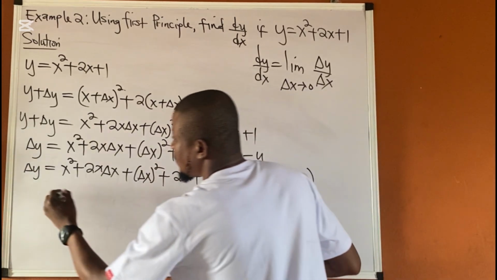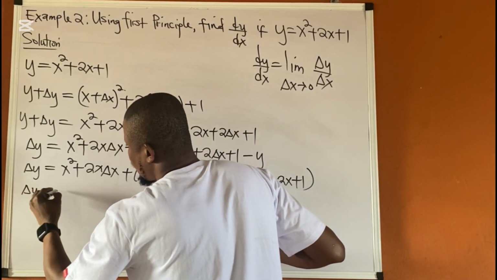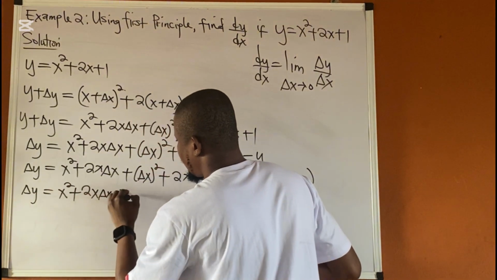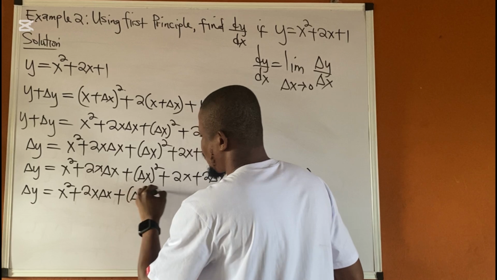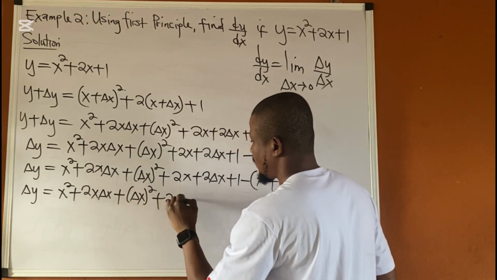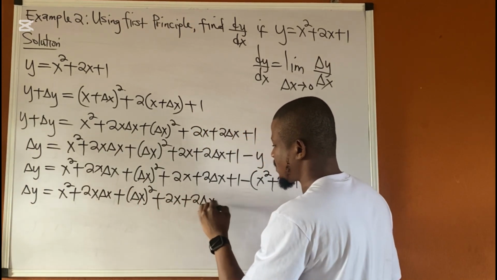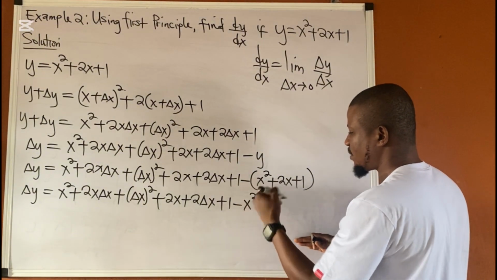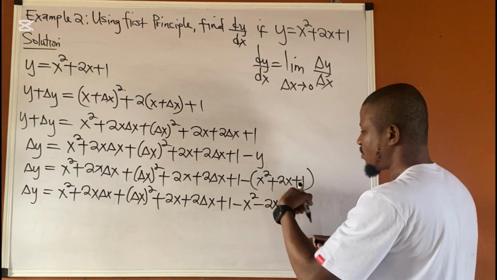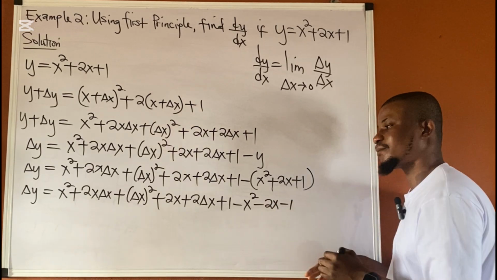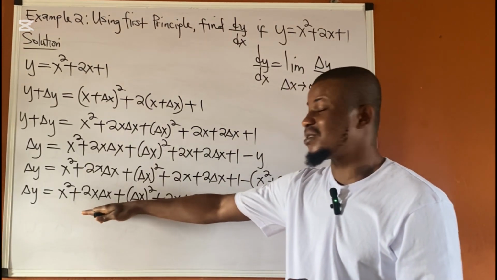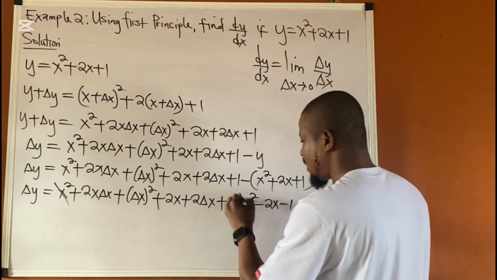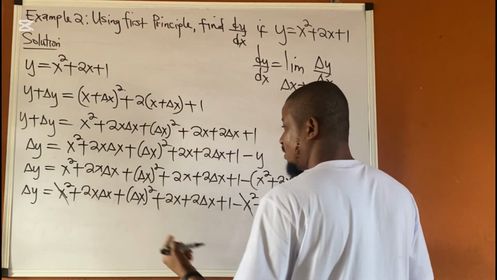So if I open up this, I will have change in y equal to x squared plus 2x change in x plus change in x all squared plus 2x plus 2 change in x plus 1, minus into this is minus x squared, minus into this is minus 2x, minus into this is a minus 1. Now from this, you see some terms that can cancel out. This x squared cancels this because this minus this is 0.